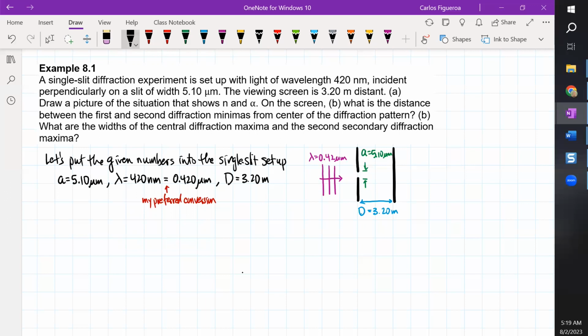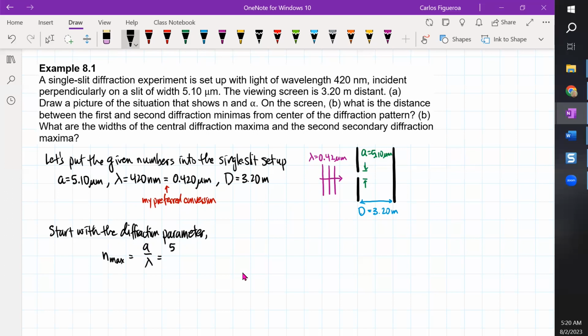So if I'm going to show the sketch of the diffraction pattern, the first thing I have to do is calculate Nmax. So I'm going to start with the diffraction parameter. That gives me Nmax, which is a over lambda.